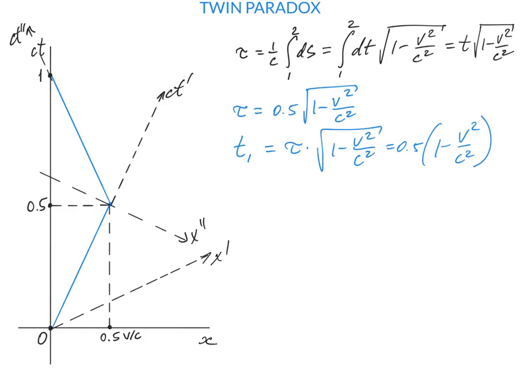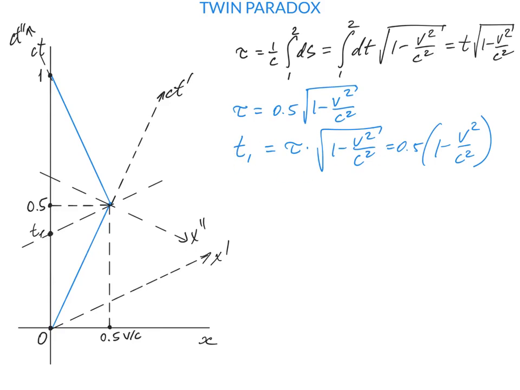Well, when she computes the time t1, she actually computes the time that has elapsed according to Bob's clock at the time that is simultaneous in her reference frame K prime with the point of reversal. So in fact, we have to draw a line parallel to the x prime axis, and this will give us the time t1, which she has obtained according to this formula here.